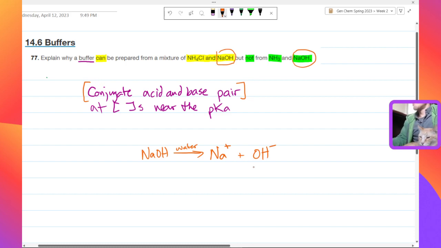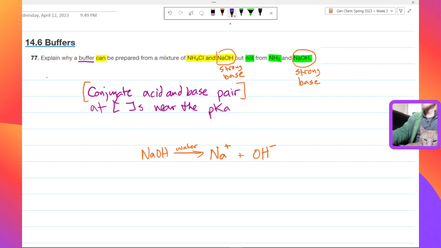So that's happening in both cases. Really, that's the strong base. We have a strong base in both cases that is going to create a lot of hydroxide ion. In fact, complete dissociation.